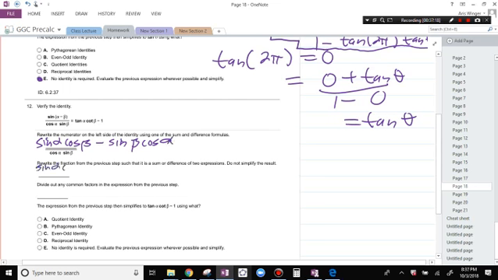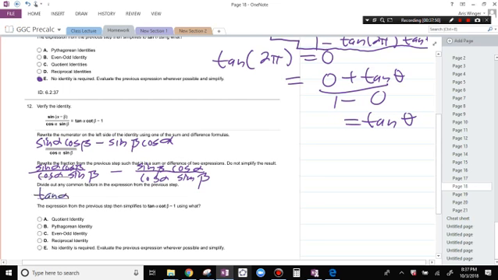Sine alpha cosine beta over cosine alpha sine beta, and then minus sine beta cosine alpha over cosine alpha sine beta, and then divide out any common factors in the previous expression.